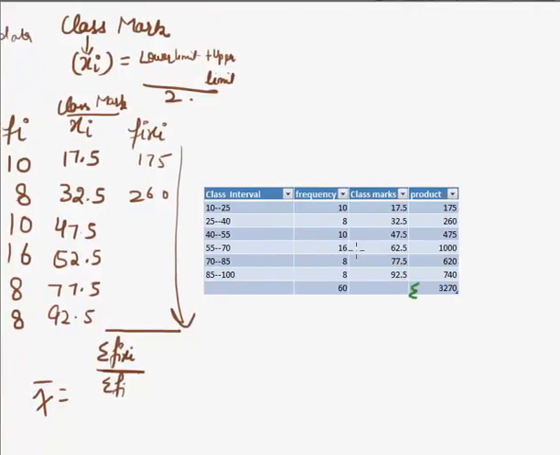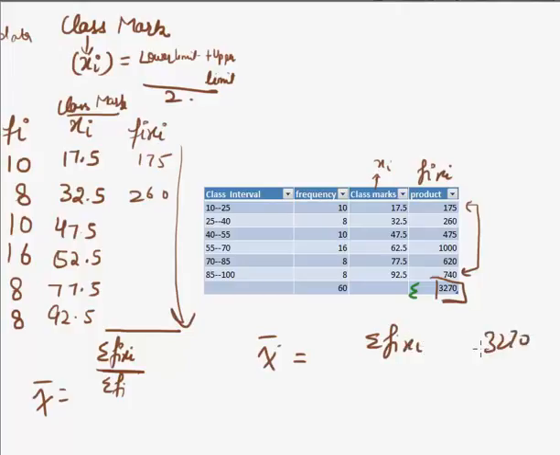So the figure shows the table of the calculated product, which is fi xi, and the corresponding class marks. The products are also added up here, so we can calculate mean easily as summation fi xi, which is 3270, over summation fi, which is in fact 60.